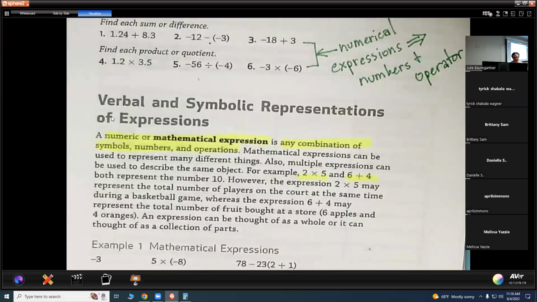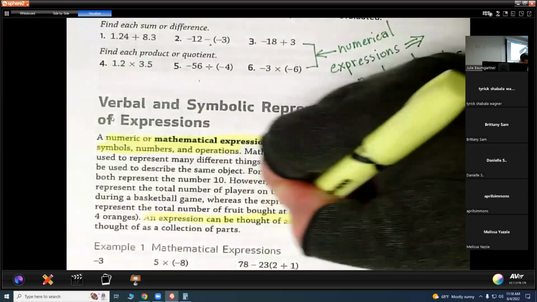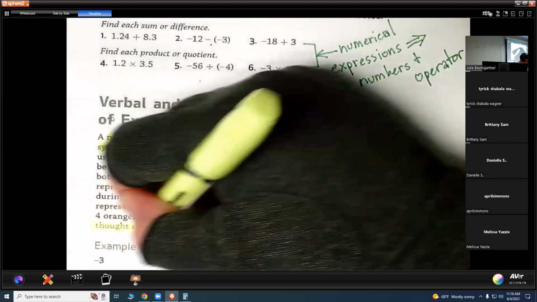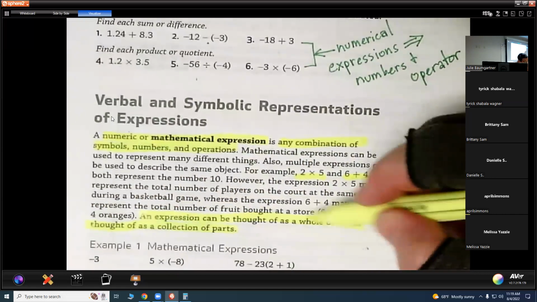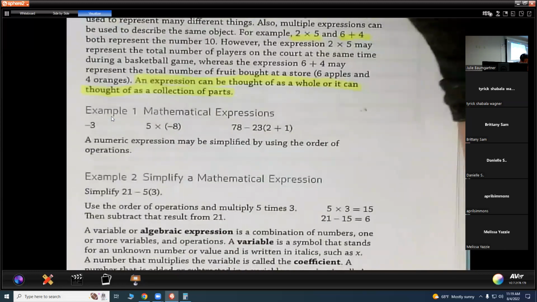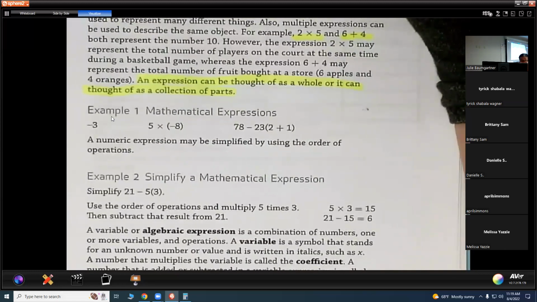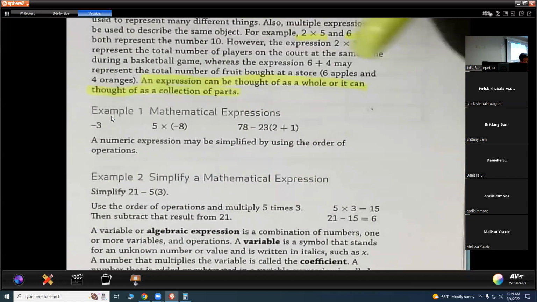Okay. So an expression can be thought of as a whole or thought of as a collection of parts. So that's really important, because we can always simplify our expression down into a whole if we have numerical expressions, okay? So I think everyone is pretty good on this piece, okay?